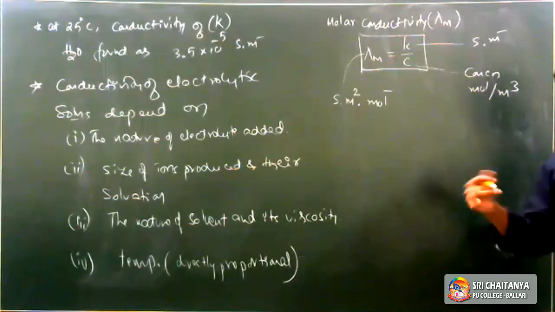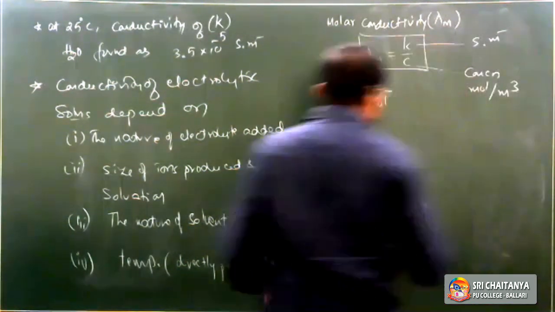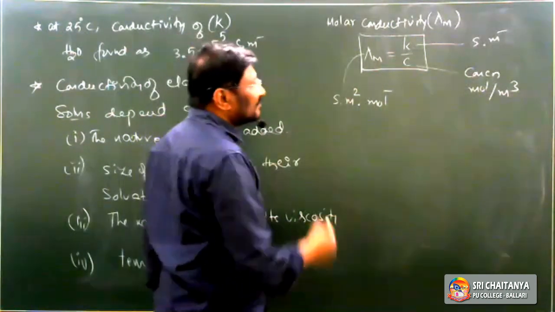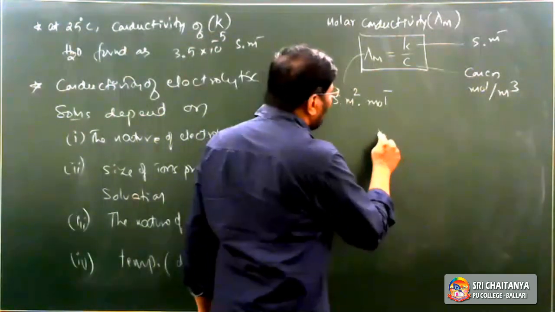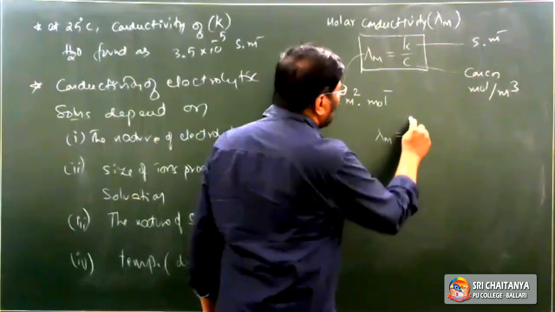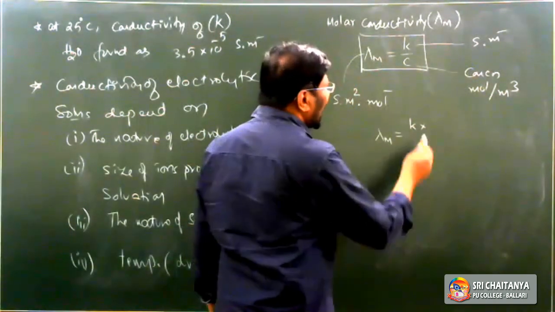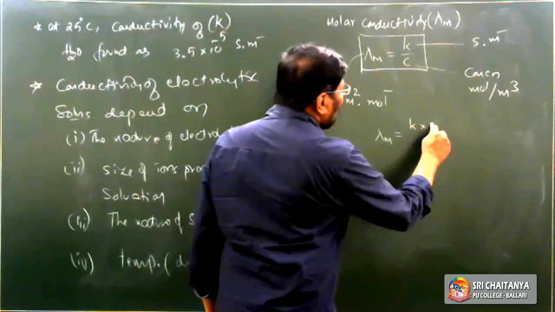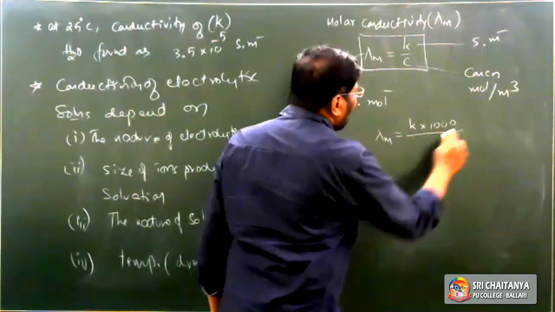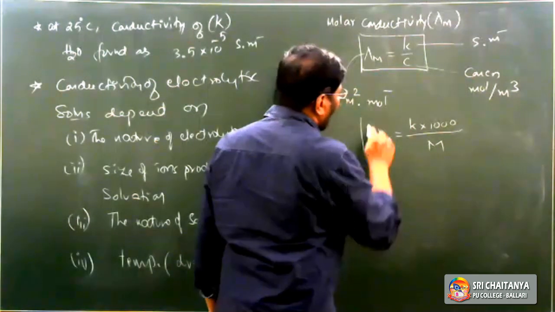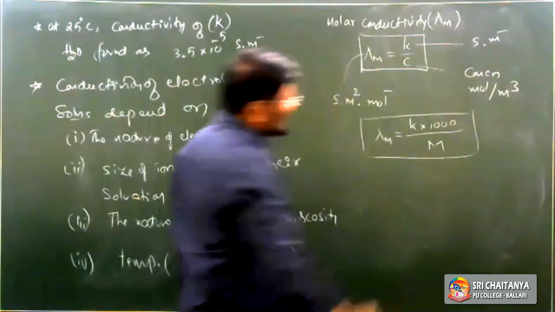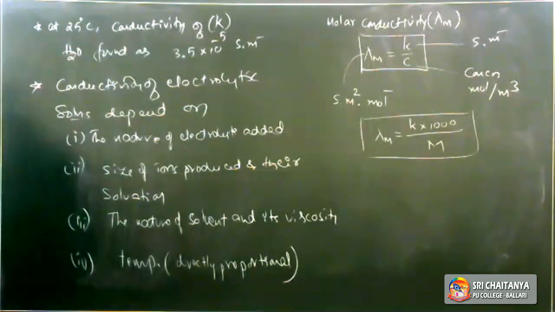So now, next one, another one. Let me take like this. Lambda m is equal to K into 1000 by M. This is another one.